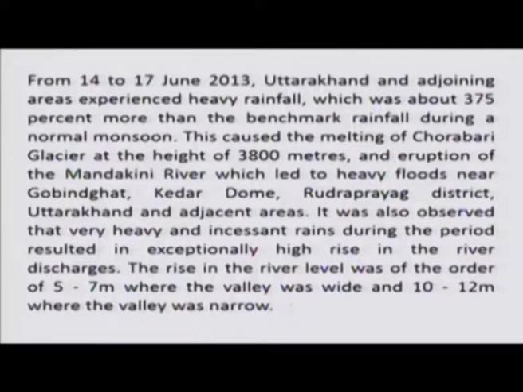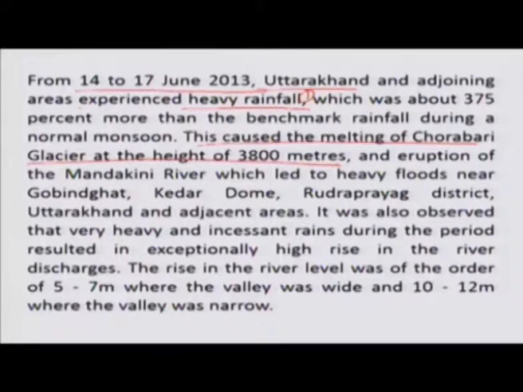So, before we proceed, let us analyze this paragraph. This talks about an incident which happened during this time in Uttarakhand. So, how did that happen? First was this heavy rainfall. I am putting it as 1. This caused the melting of Chorabari glacier.